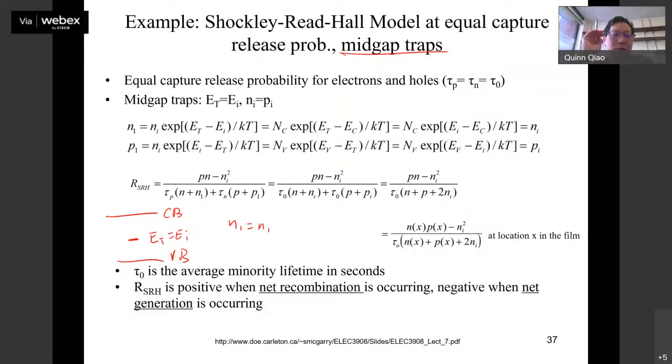P1, the trapped hole concentration. Then since it is equal to that, you can plug here, this is Ei, right? See, this will be Ei. Nc multiply this, that's equal to ni, this, okay? And then with that, you can simplify this equation equal to what? p n minus ni squared, divided by the product of tau (n plus p) plus 2ni, okay? This will be the equation for mid gap, okay?